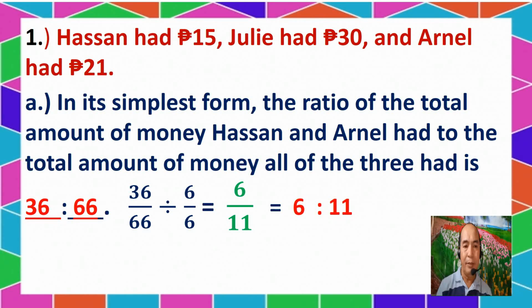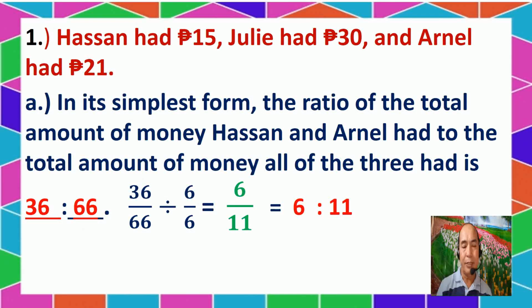So we will divide 36 and 66 by a number, what we call the greatest common factor, so that we will be able to find the simplest form of the ratio. When you say simplest form, it is the lowest term of the fraction in the fraction form.